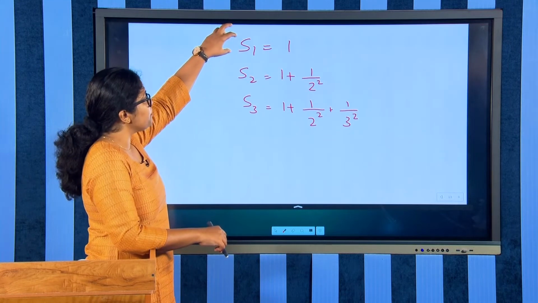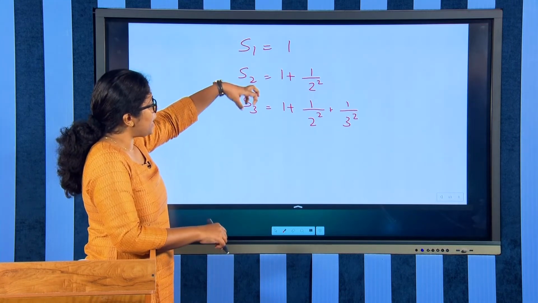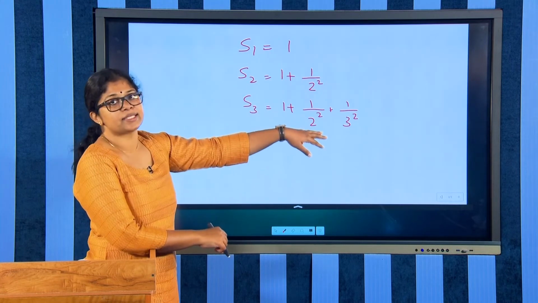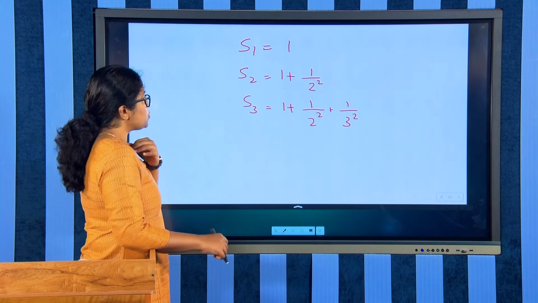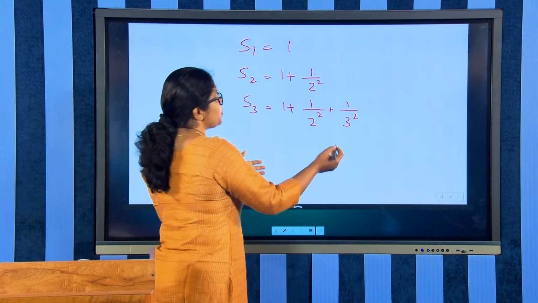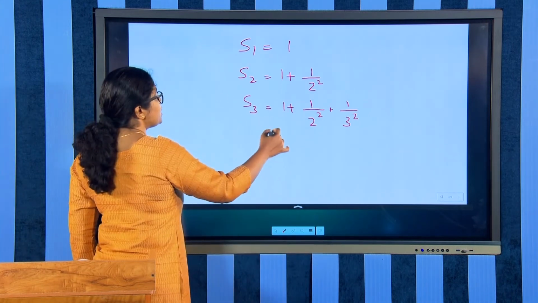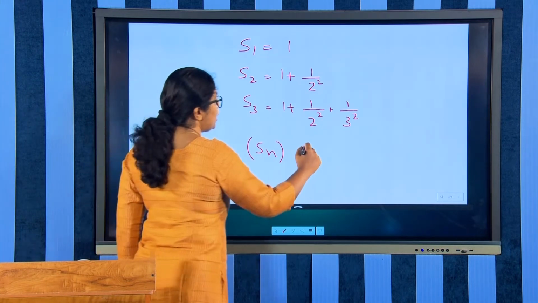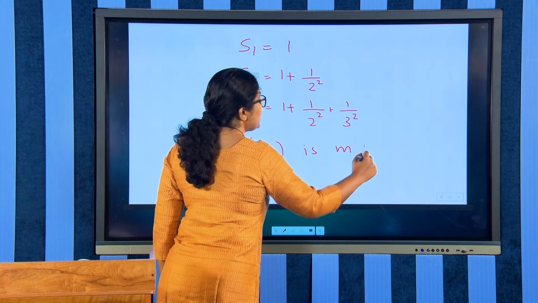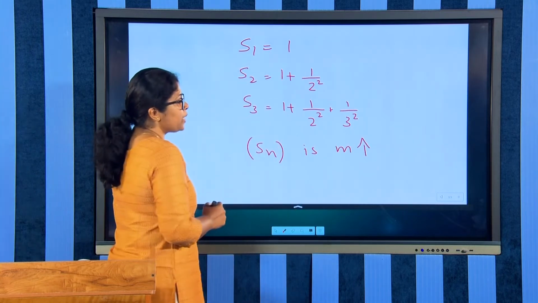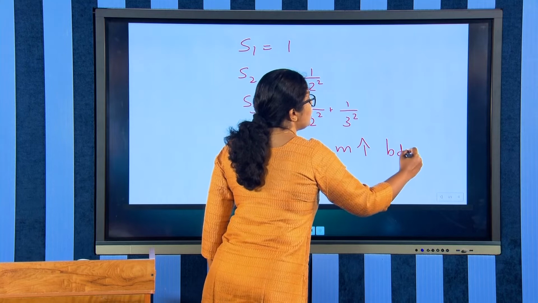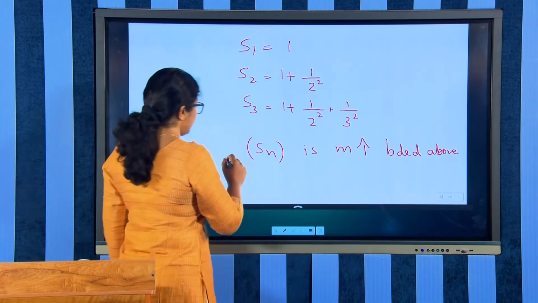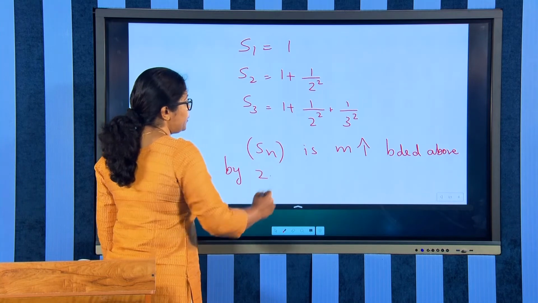We can see that S n minus 1 is added with a positive quantity to get the next Sn. So S n minus 1 plus 1 by n square gives you Sn, and so it is getting increased. So the sequence Sn, if you closely examine, is a monotonically increasing sequence bounded above by the number 2.